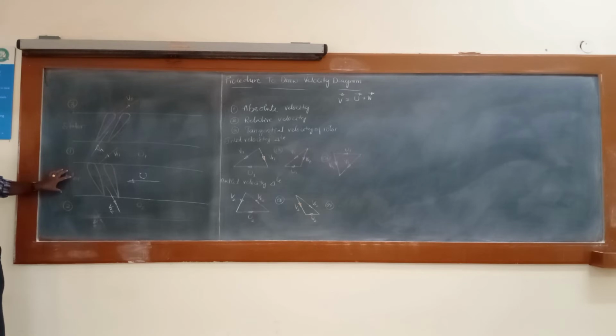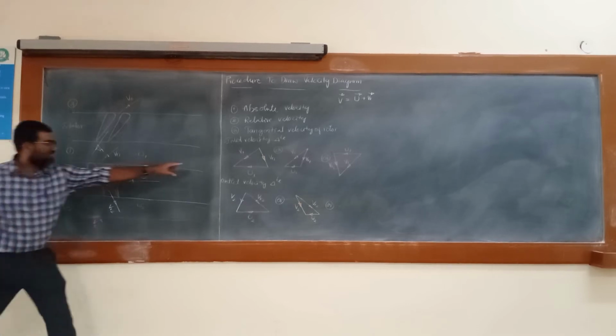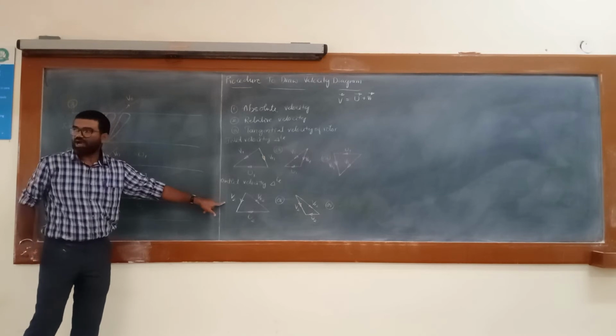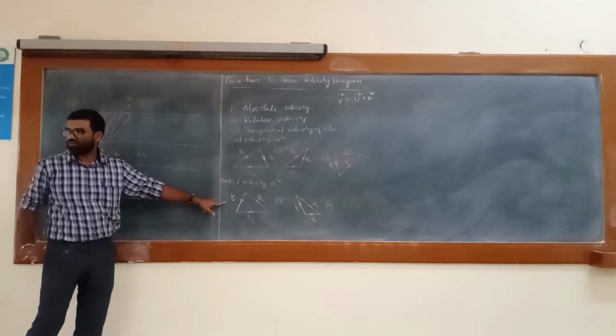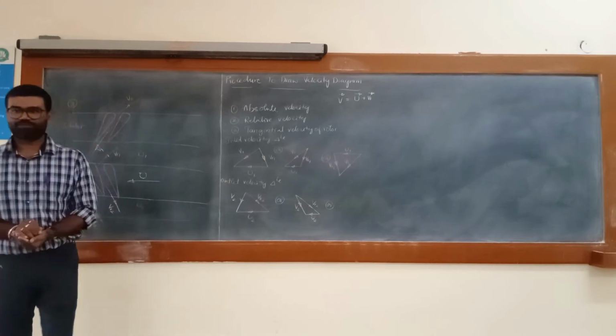We won't define it with respect to the stator. The inlet means the inlet to the rotor, that is location 1. Outlet means with respect to the rotor, that is location 2 at the outlet of the rotor. This is the inlet velocity triangle, and this is the outlet velocity triangle. Understood? Note down.